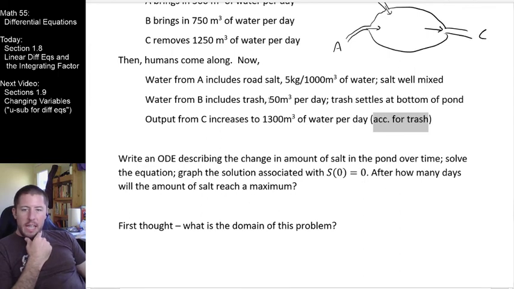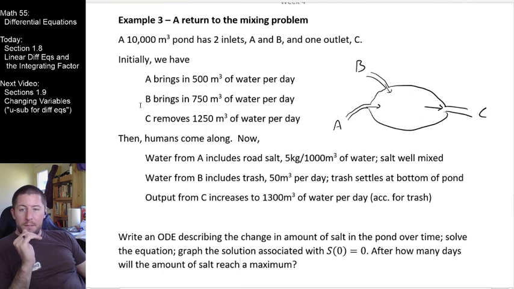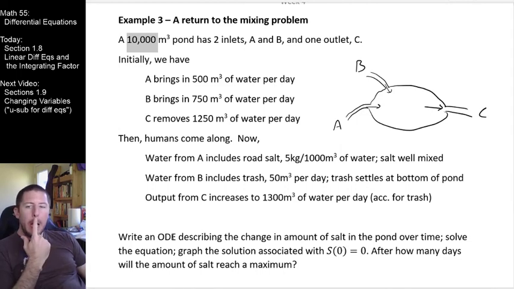If every single day 50 cubic meters of trash comes into the pond and doesn't leave, and if the pond always only holds 10,000 cubic meters of stuff, where stuff is water plus trash, what's eventually going to happen? Well, it seems like eventually there's going to be so much trash in the pond that there's not actually room for water to come in anymore, right?